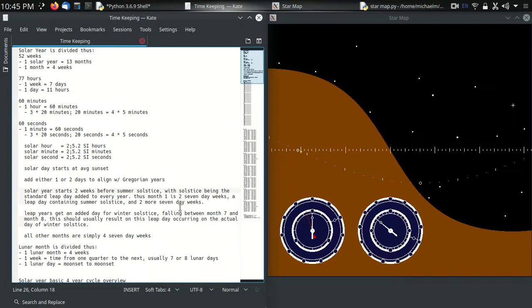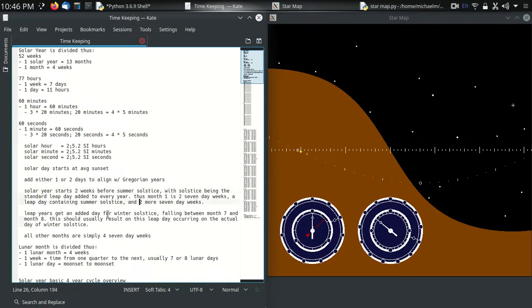And then 6 months after that, when we need a leap year, we will add in the winter solstice. And that should fall, so this one falls smack in the middle of month 1.